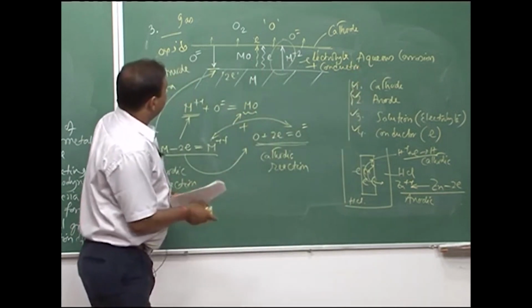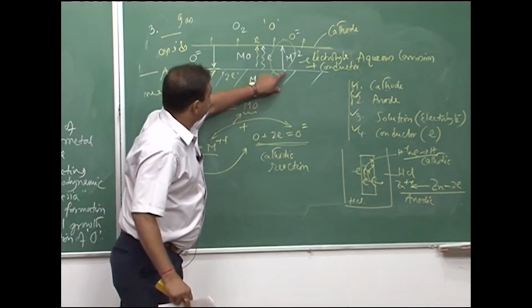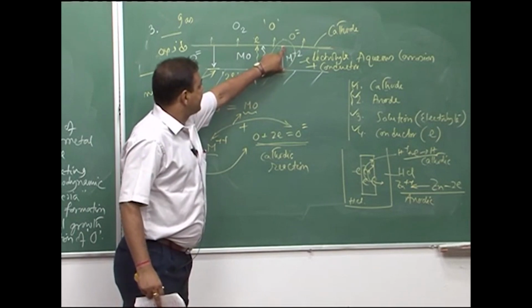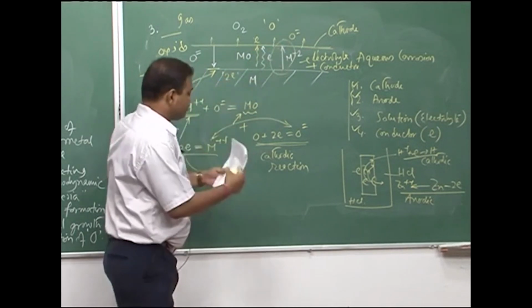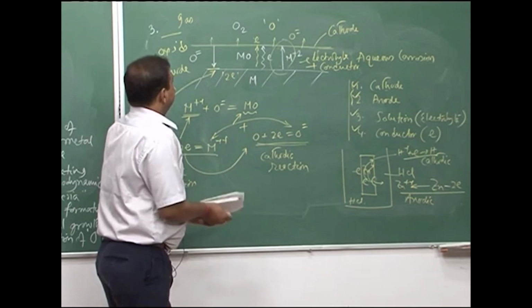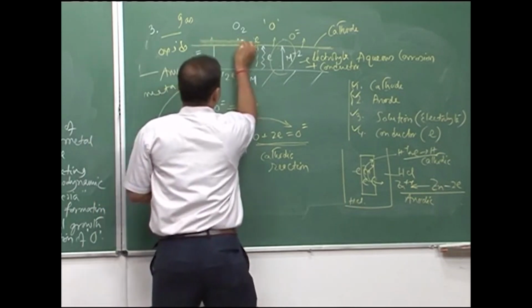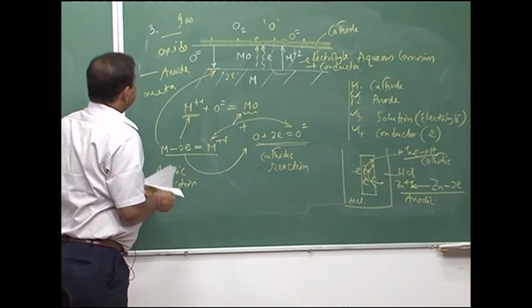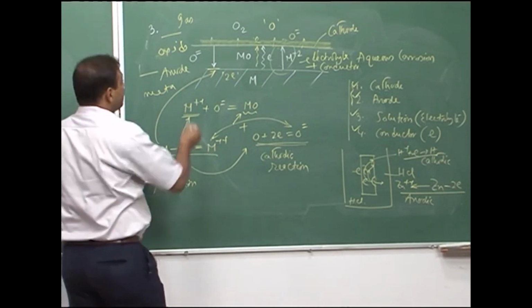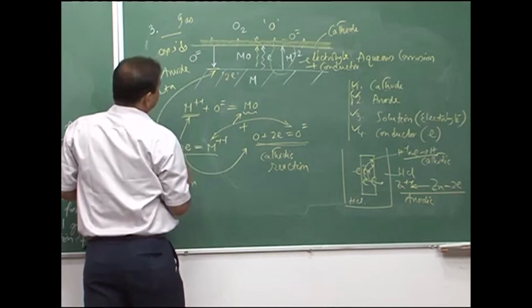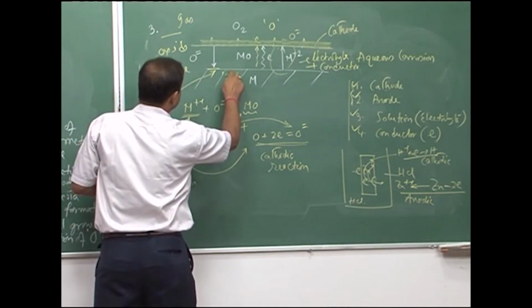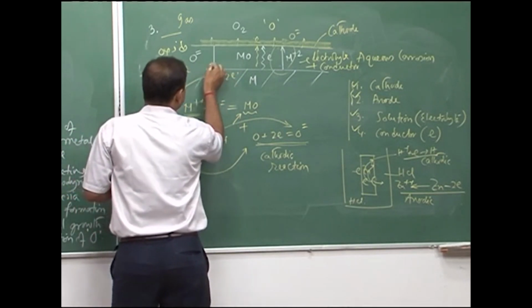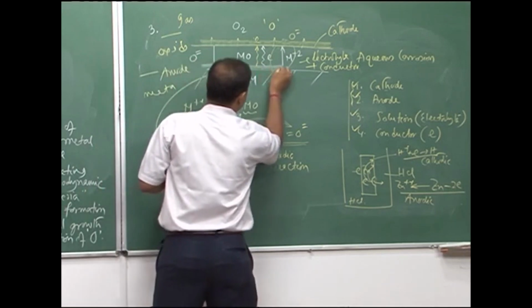So, if the metal ion goes from this end to this end, the metal ion will react with oxygen, and the oxide growth would take place on this surface. And there is also the possibility that the oxygen ion diffuses in and the metal ion stays here. In that case, oxidation would happen on this surface.